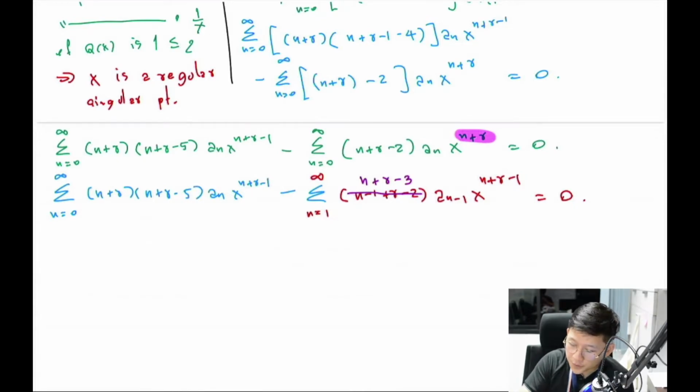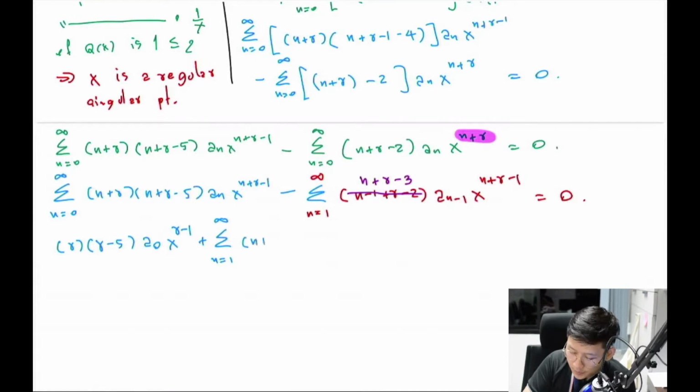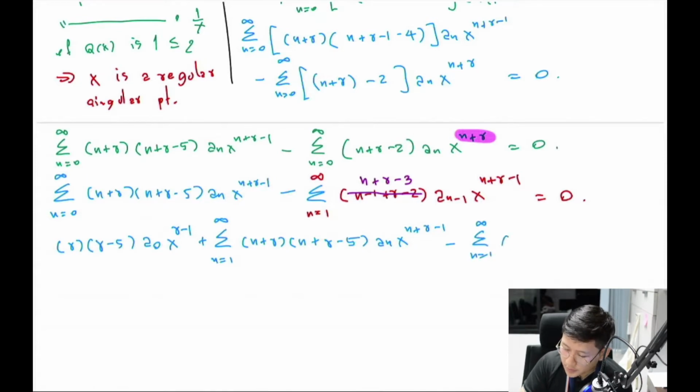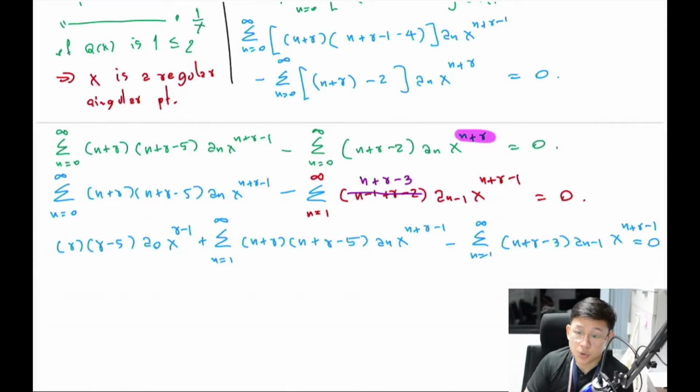I substitute n with 0, so I get r minus 5 a0 x to the r minus 1, plus summation n from 1 to infinity, n plus r minus 5 an x to the n plus r minus 1, minus summation n from 1 to infinity, n plus r minus 3 an minus 1 x to the n plus r minus 1 equals 0.